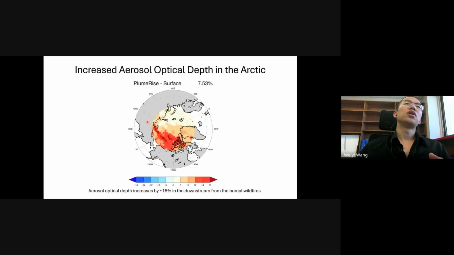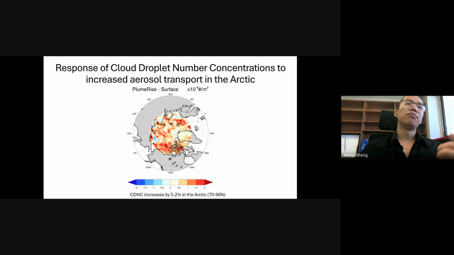As the aerosol concentrations increase, the aerosol optical depths also correspondingly increase by 7% in the Arctic. In the downstream from the boreal wildfires, the aerosol optical depth can increase by 15%. Besides this aerosol radiation interactions, the cloud properties are modified.